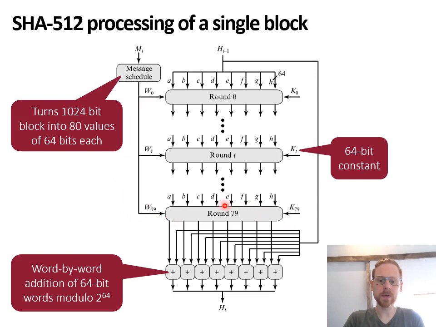After the 80th round, the output is combined in a word-by-word addition with the output from the previous block HI-1. This result is then calculated modulo 2 to the 64th, and these 8 words that result from it are the intermediary hash value HI.